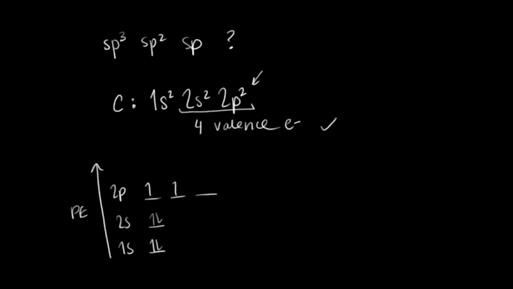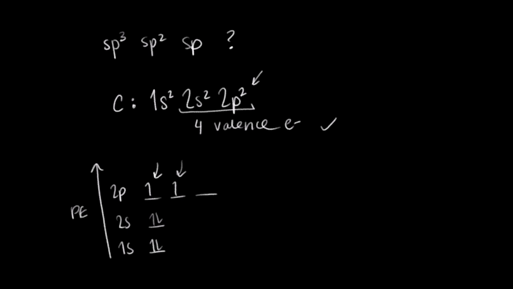So we have 2 electrons that are available to bond in that level 2p. But all 4 of these electrons are actually going to be bonding in an sp3 hybridized molecule. Or I should say an sp3 hybridized carbon if it's bonding 4 times in a molecule. And I'll show you what I mean.